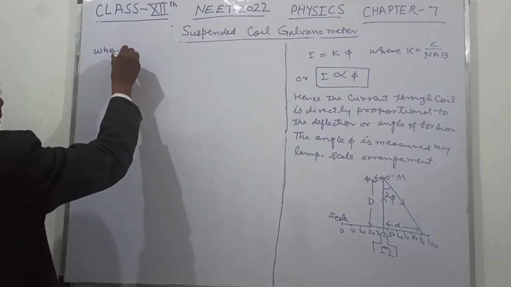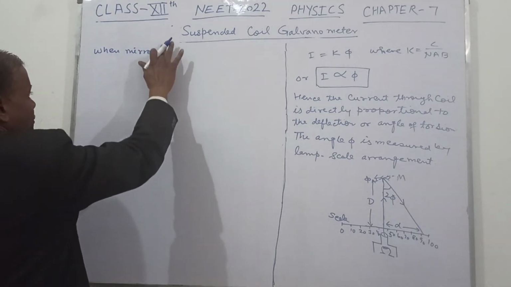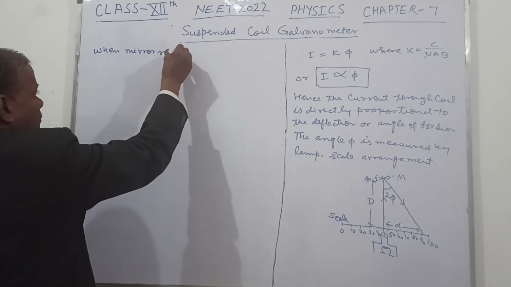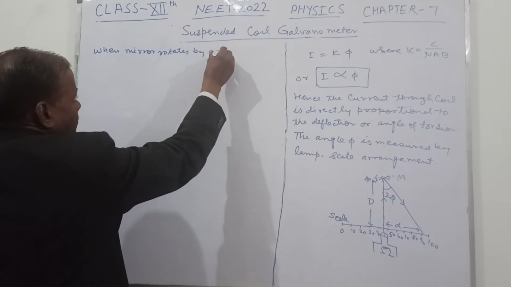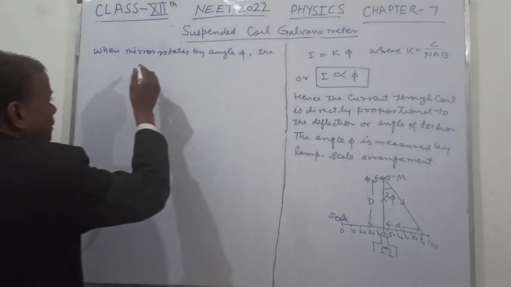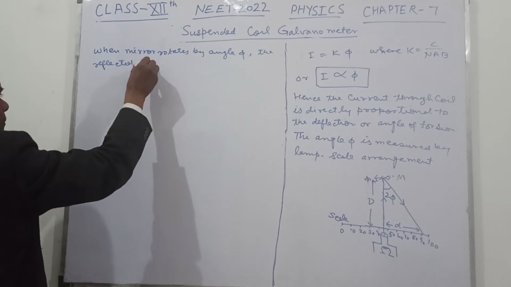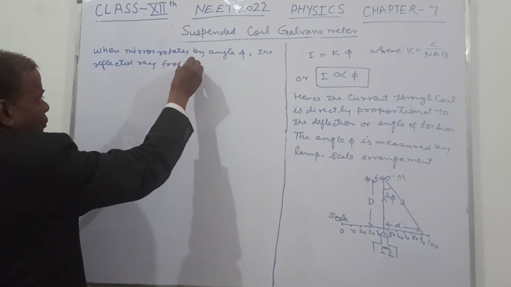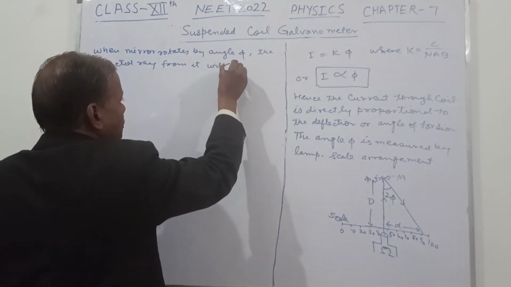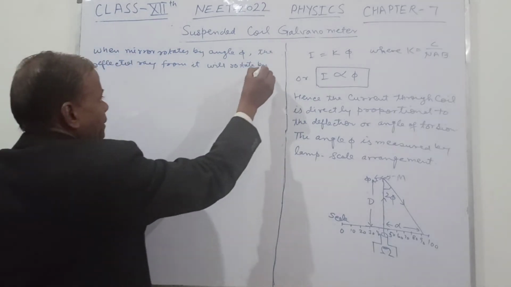When the mirror rotates by an angle phi, the reflected ray will rotate by 2 phi.